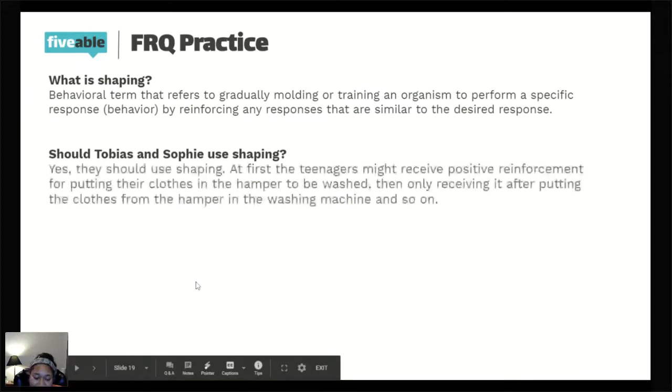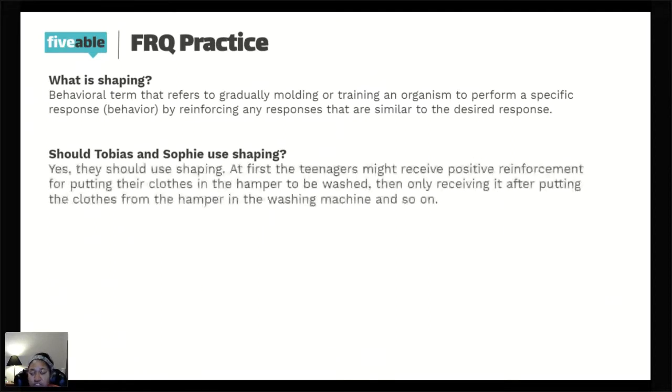Okay, so yes, they should use shaping because at first the teenagers might receive positive reinforcement for putting their clothes in the hamper to be washed, then only receiving it after putting the clothes from the hamper in the washing machine, and so on. So basically, shaping is just molding or training an organism to perform a specific response by reinforcing any responses that are similar to the desired response.